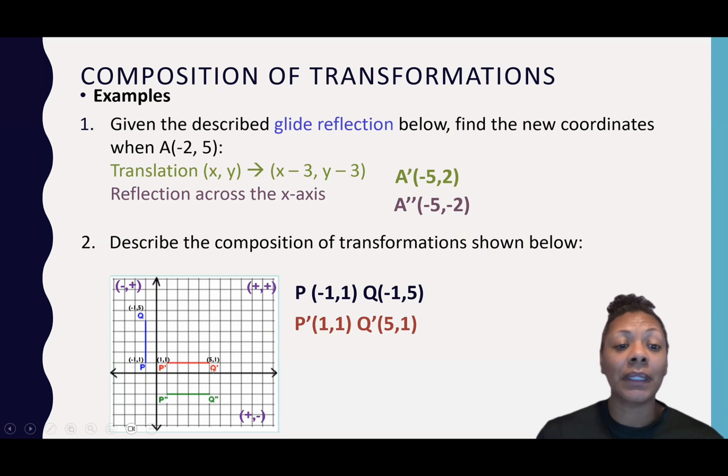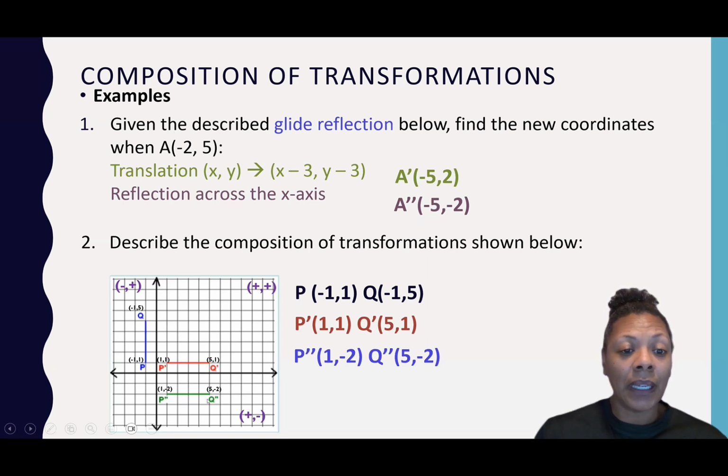So in this instance, I would actually have translated down by 3. I look and I see that my X values remain the same. But if I were to subtract 3 from my Y's, I now have these new coordinates for my P and my Q double prime.